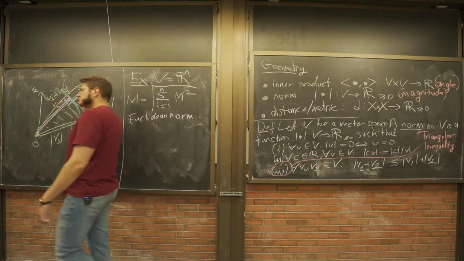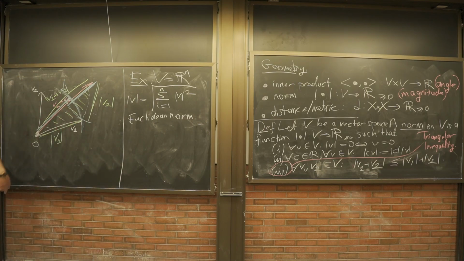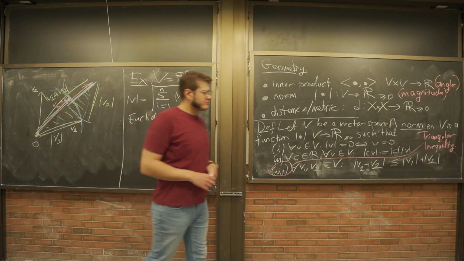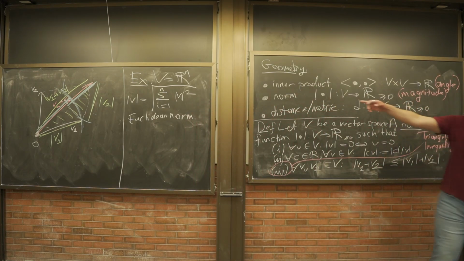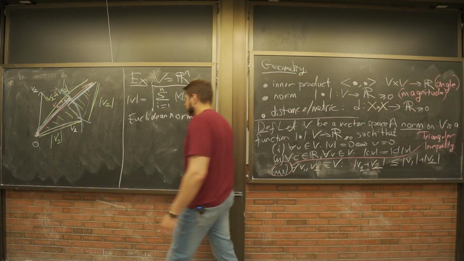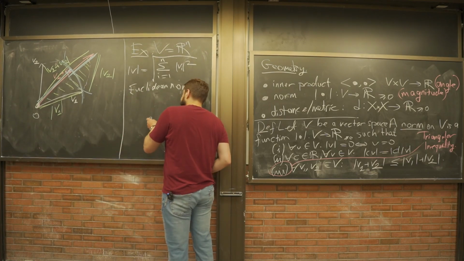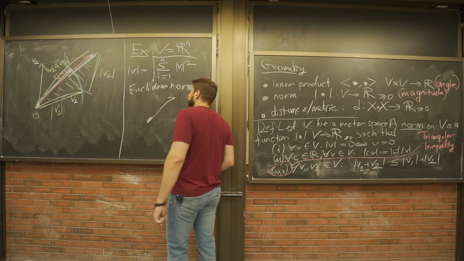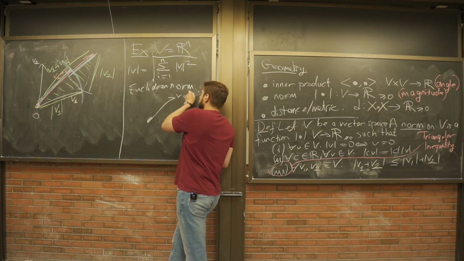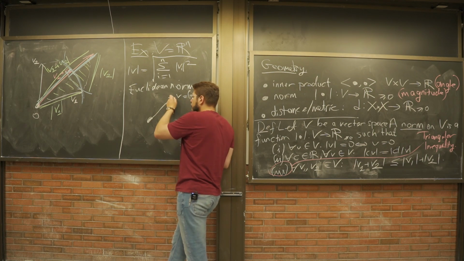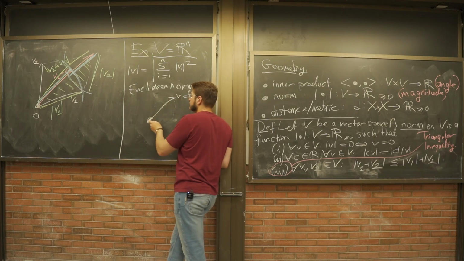And so why would you consider this? Well, you know from basic geometry that there's this thing called the Pythagorean theorem. And so this object basically does that, right? So if I have a vector like this, let's say in 2 dimensions, x coordinate v1, y coordinate v2, what is the magnitude of this?